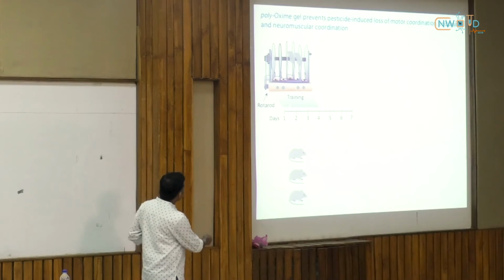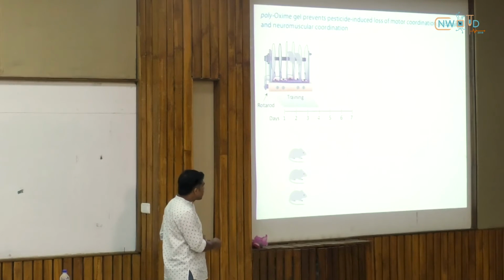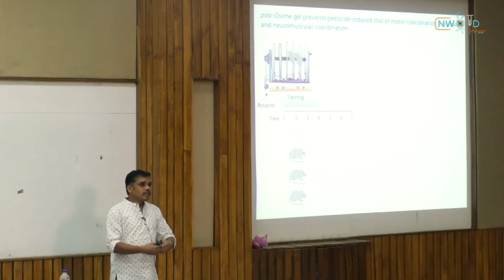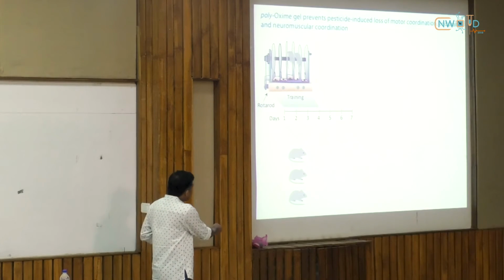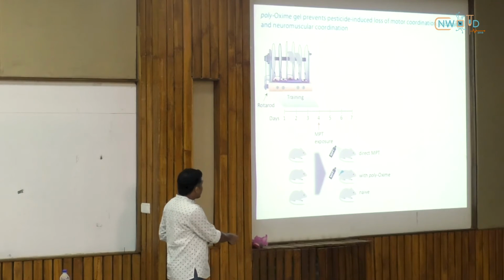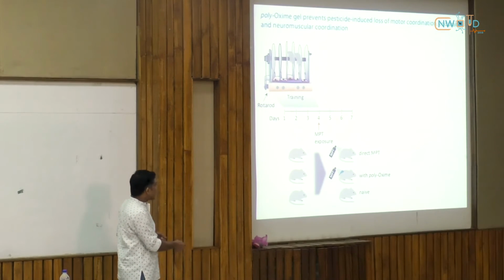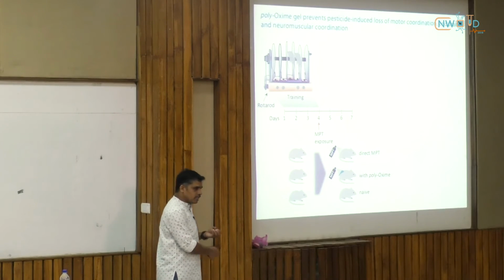So for that, you can do this rotor rod experiment where animals get trained on running on this rotor rod, and you measure how long they can run, and based on that you can measure their endurance. After training for 4 days, you consider that as 100%. Now two groups of animals get exposed to pesticide either directly or in the presence of polyoxime gel, and a third group never sees the pesticide.